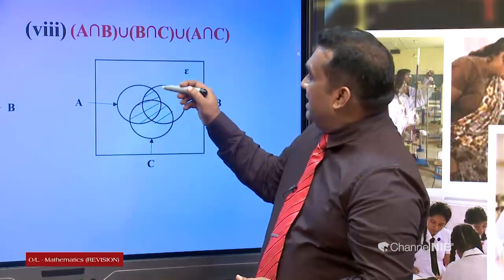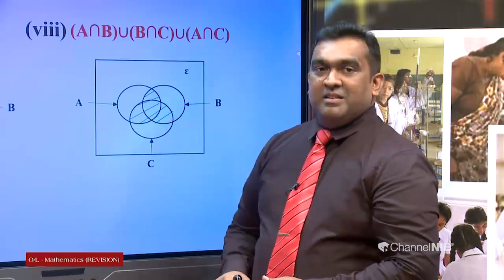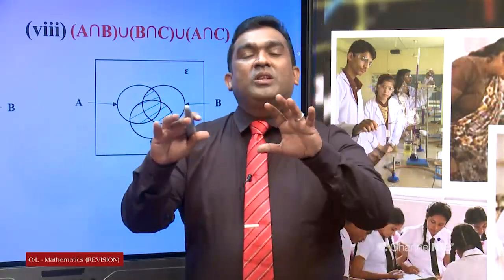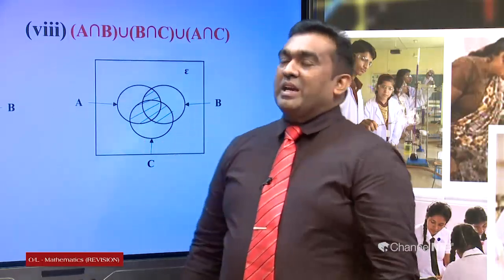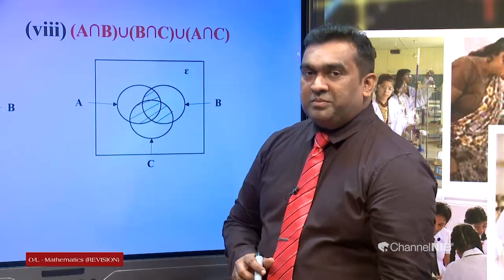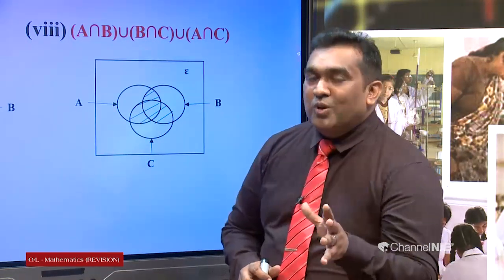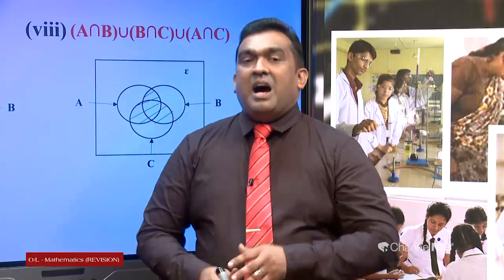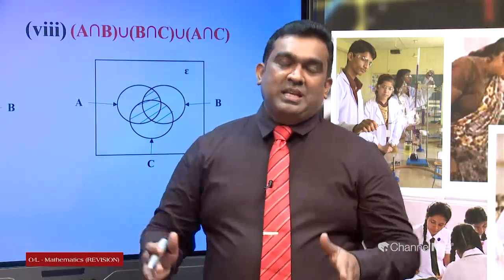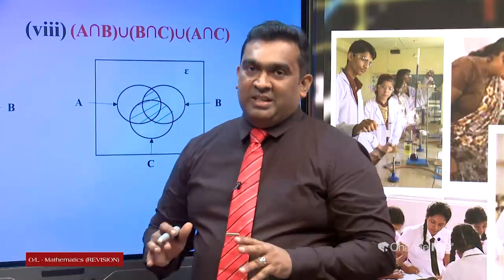Union means this region plus this one. Taking all the common regions, you can make this shaded portion. This is what we want to explain here, how to use set notations according to the shaded region.